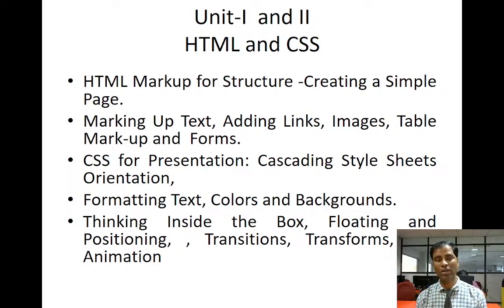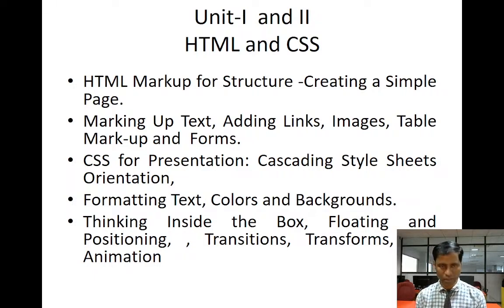The second unit is on cascading style sheets, which we refer to as CSS or presentation. That is, it focuses mainly on the presentation. Cascading style sheets are used for formatting of the text that is displayed on the web page, giving colors, creating backgrounds for the web pages.